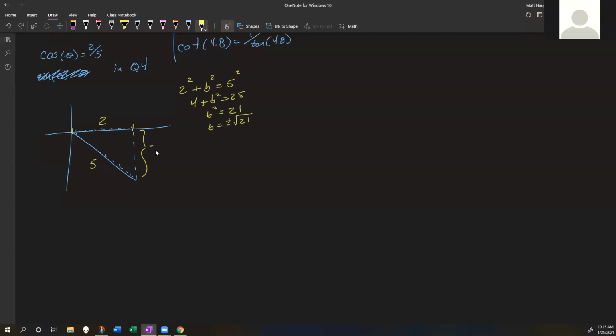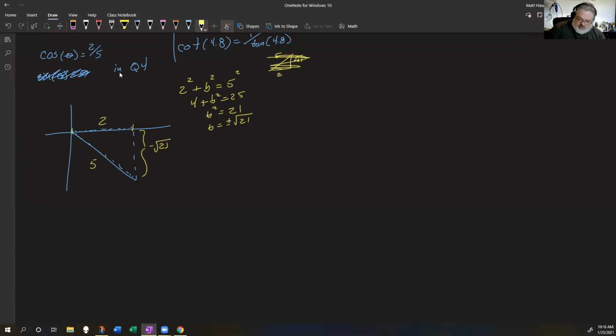So we have to specifically use that negative square root of 21. And this is why, when I say to draw these diagrams, don't just draw a triangle and say, oh, that's a 2 and that's a 5, because that'll end up being a positive, because you're just thinking about a triangle and you're not going to end up with the right positives and negatives.